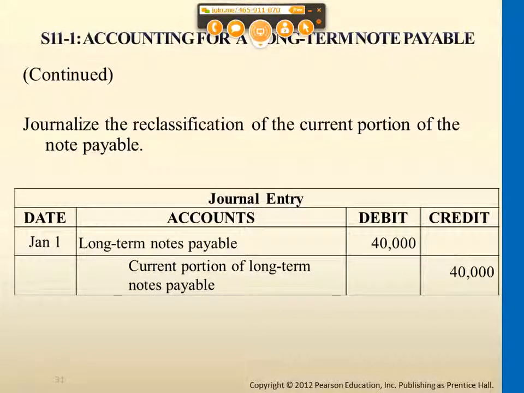Now the last question in this problem asks you to journalize the first note payment. So first note payment, since this is a note that was signed January 1st, how will we journalize this a year later?